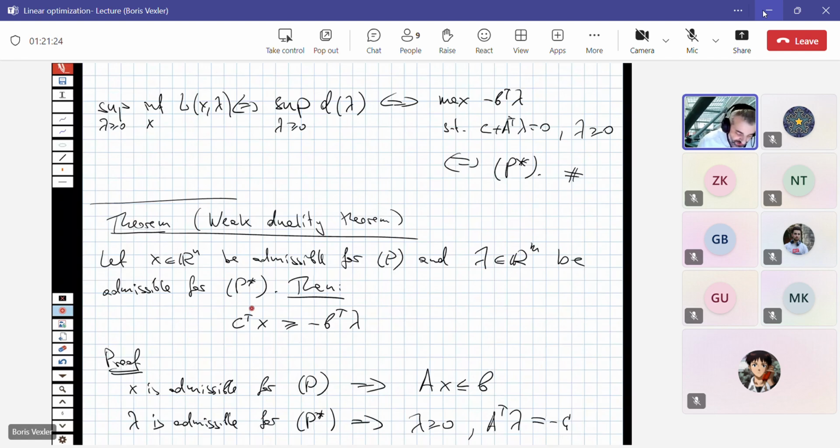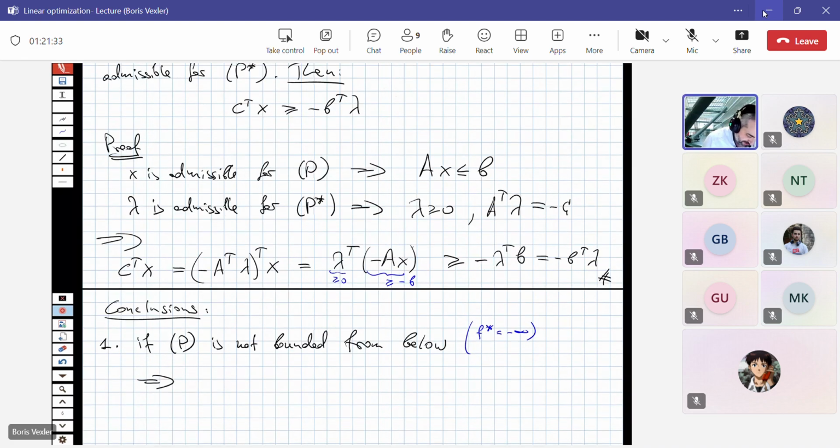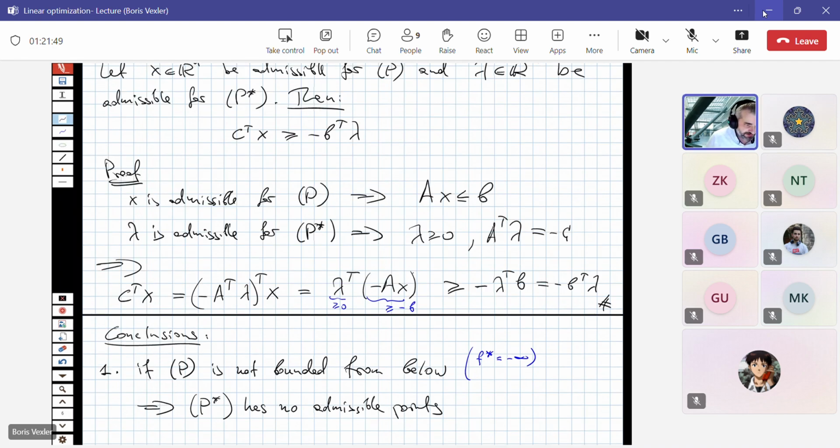But if there is no lower bound, if it can go to minus infinity, then it means here there are no admissible points. Yes. This means that P star has no admissible points. Okay. This is one thing.